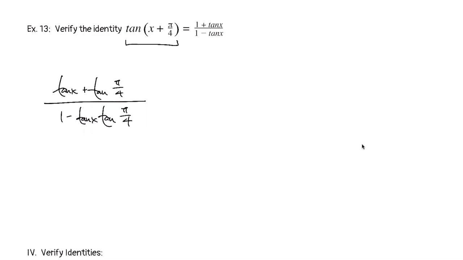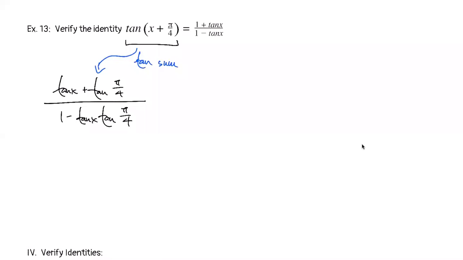Perfect. Okay. So, yeah, I think it is really easy to kind of get lost in all these formulas, all right? Which is why we're trying to practice identities as we go. But when we look at this one, this is our tangent sum formula.